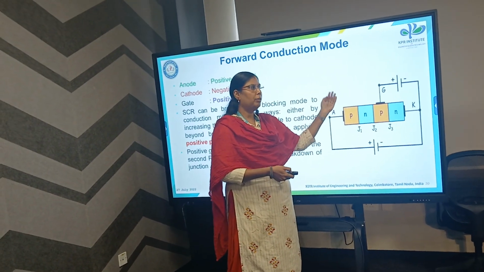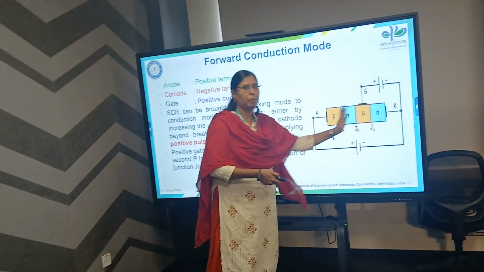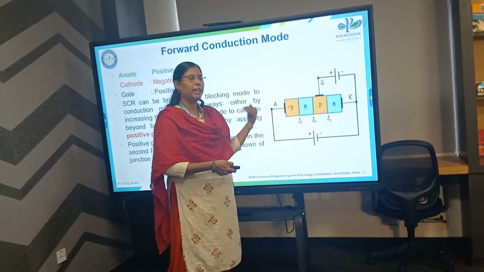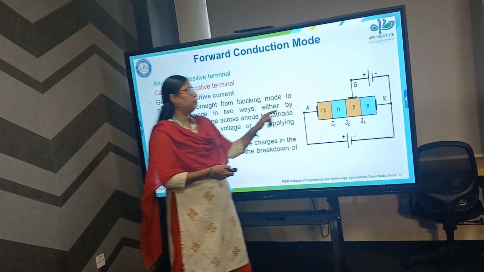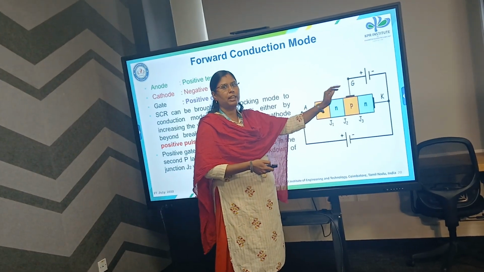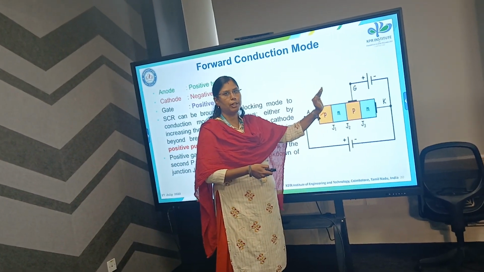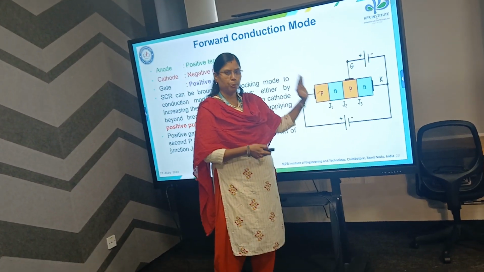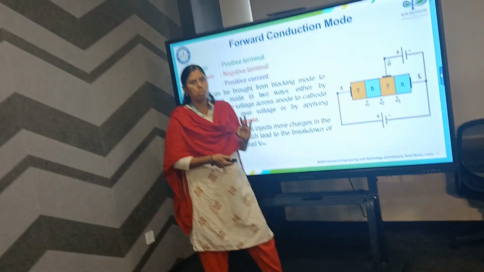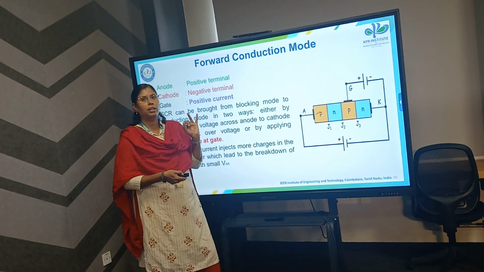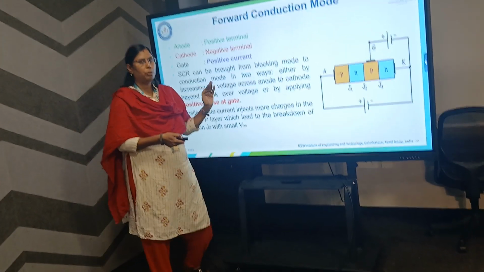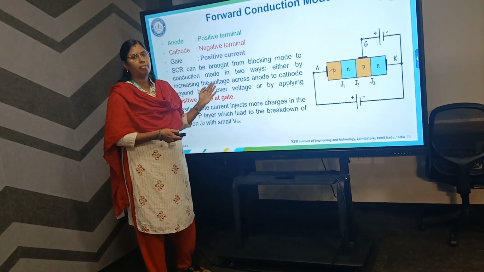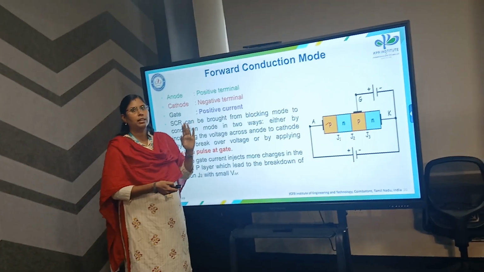Now we have current flow between these PN types, the current flow is higher and the SCR is in the on state. Once the pulse is given to the gate, even if it is then removed, the SCR continues conducting. So this is the process. In this case only, the SCR goes from the blocking state to the conduction state.